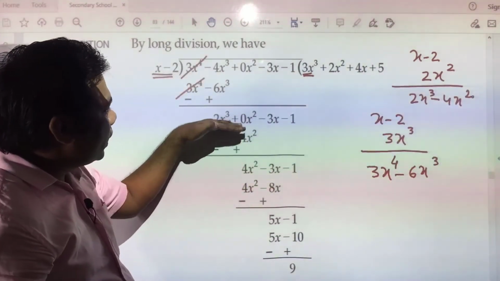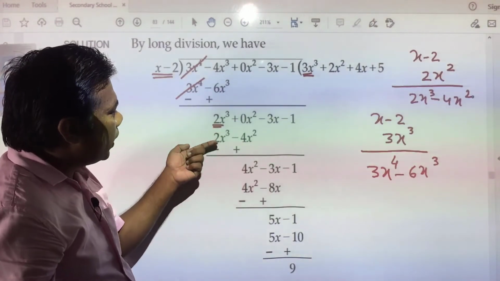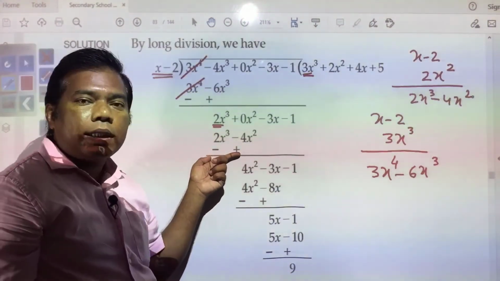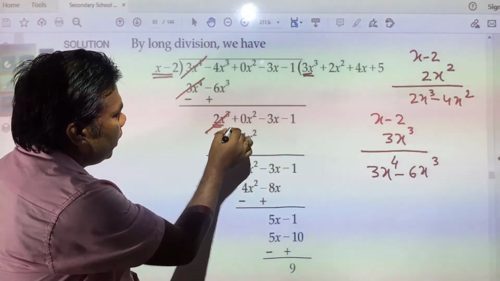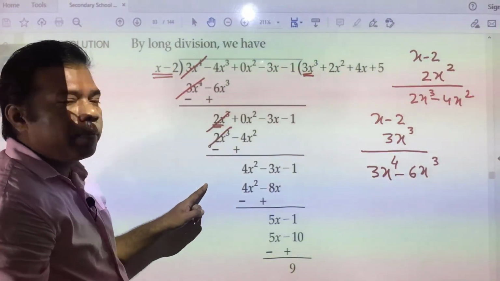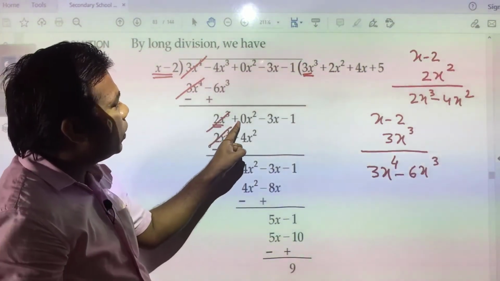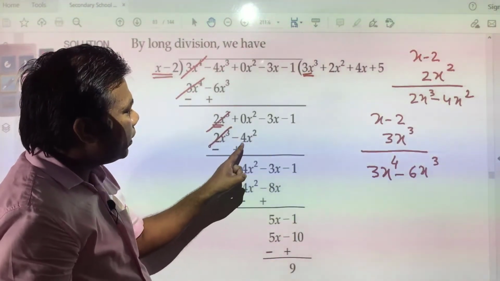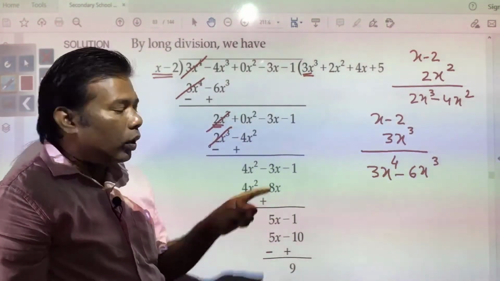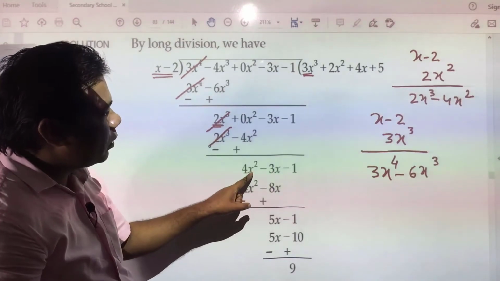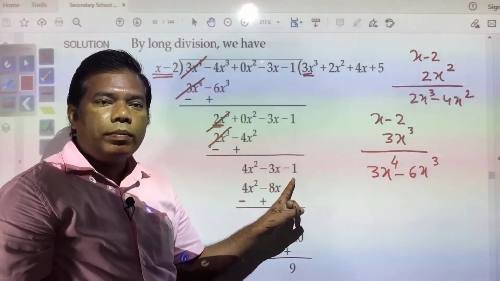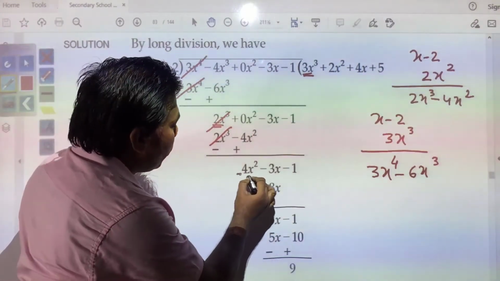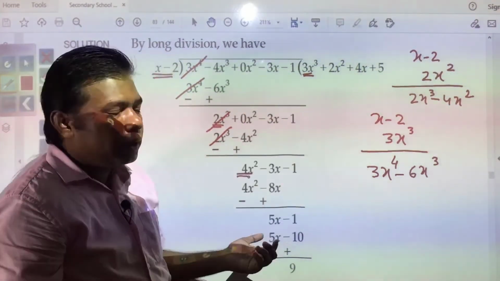Now again it is needed to be subtracted, and for that you need to change the sign. So the sign has been changed. Now this is equal, so this will be eliminated. Now you have 0x square plus 4x square. If we add, we will get 4x square, minus 3x will be taken down, minus 1 will be taken down.